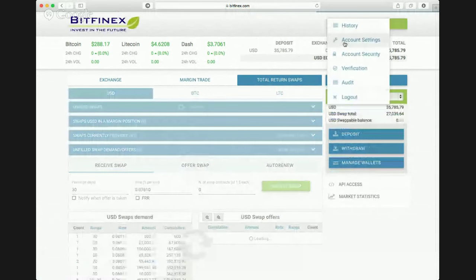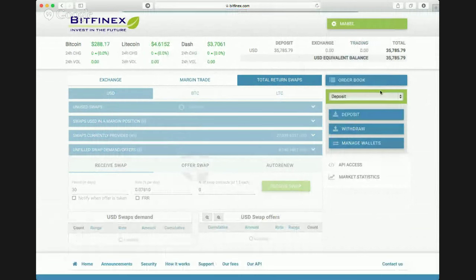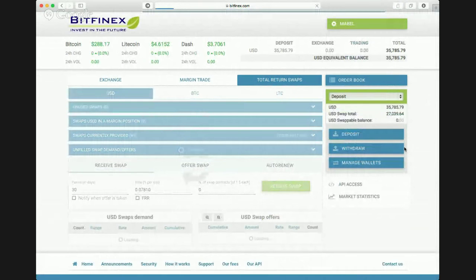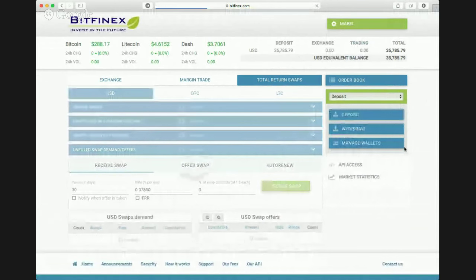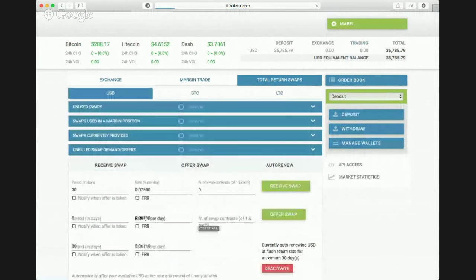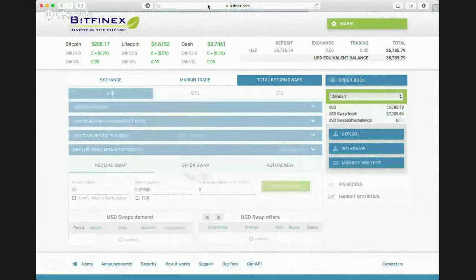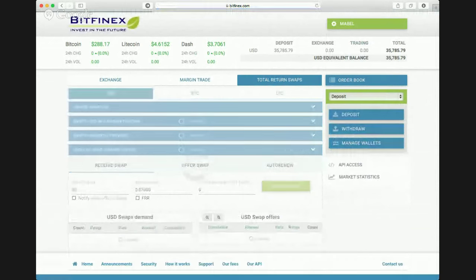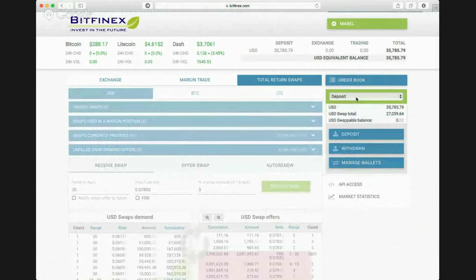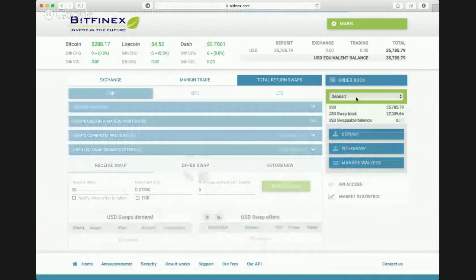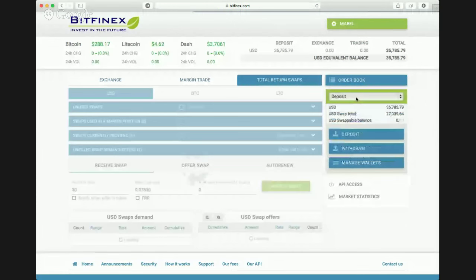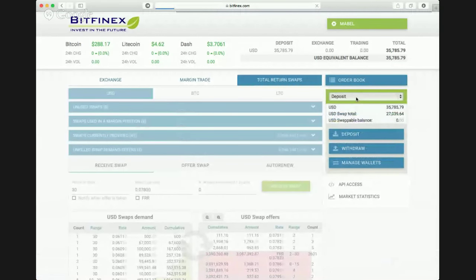So how do we invest? Number one, we have a few different types of accounts. We have the deposit account and we have the withdraw account. Because of the way this account is set up, the other way it's possible to set up is for a trader, then you have the exchange account, which is a little bit different.